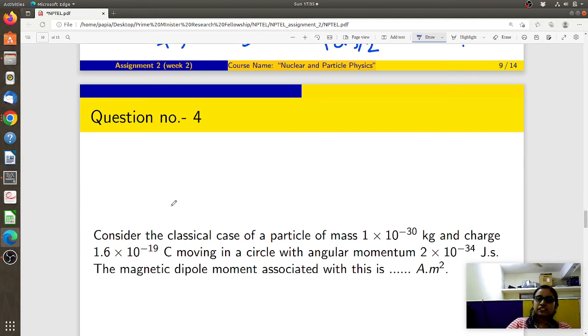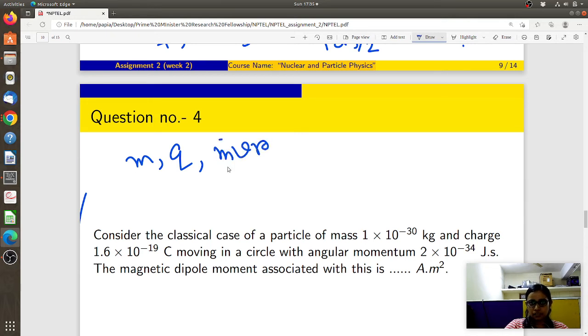The given parameters are m, q, the charge of that particle, and angular momentum L, which is nothing but mvr. So these three data are given to us.